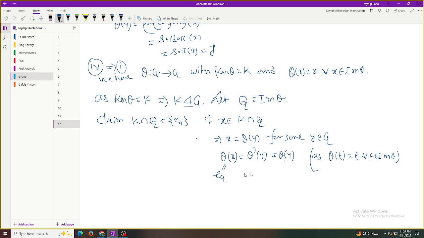So that is identity and that is your X. So X is identity. So it has a complement. Done. So we have done a very important lemma.